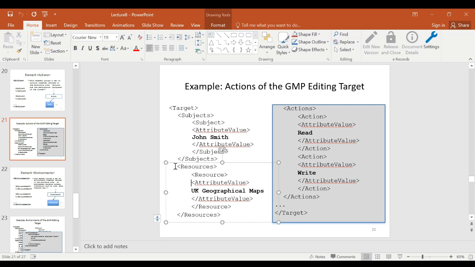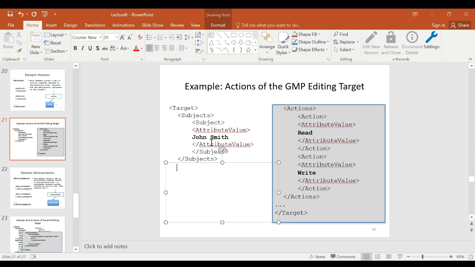Similarly, if you remove the resources element, so again, this says, well, we want to make sure that we control any read and write actions coming from John Smith, regardless of the resource they're being directed towards. Okay, so it doesn't matter if it's UK's geographical maps or some other kind of folder or printer or whatever it is.